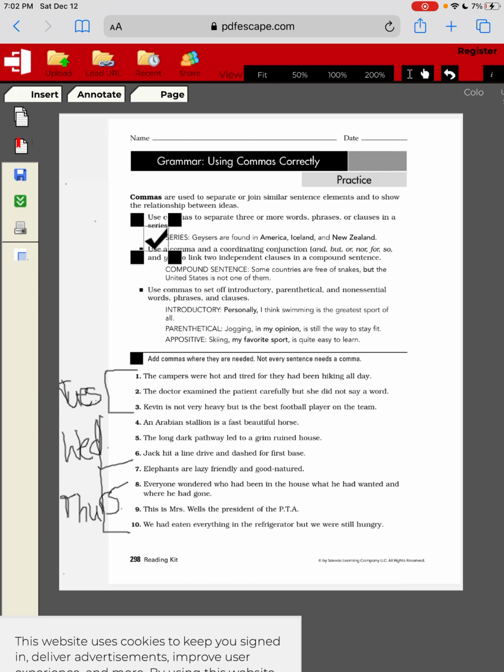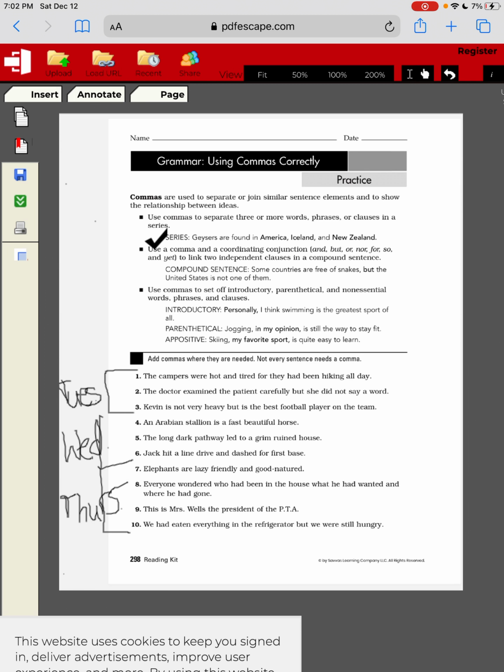So a series, an example is: geysers are found in America, Iceland, and New Zealand. So that means you have more than one noun, more than one adjective, more than one phrase, more than one verb used together.